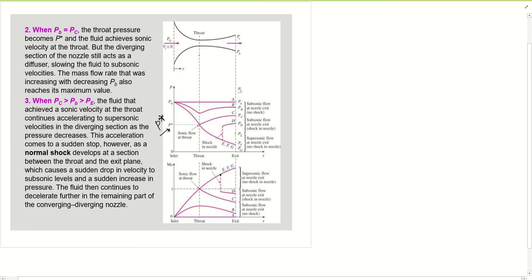The fluid then continues to decelerate in the remaining part of the converging-diverging nozzle. So for the converging-diverging nozzle, the effect of back pressure brings us to another condition, which is the normal shock.